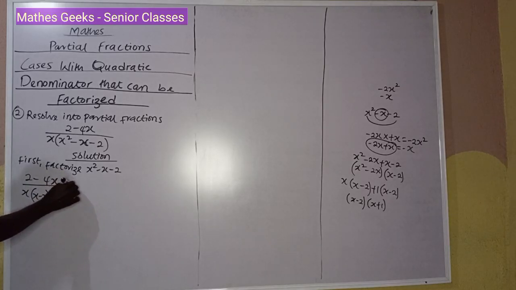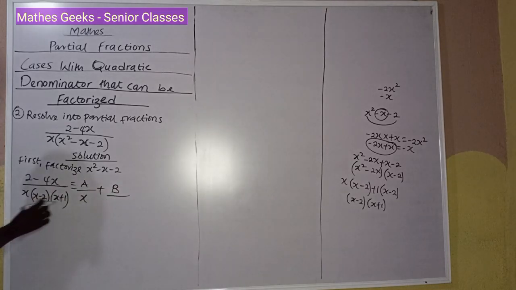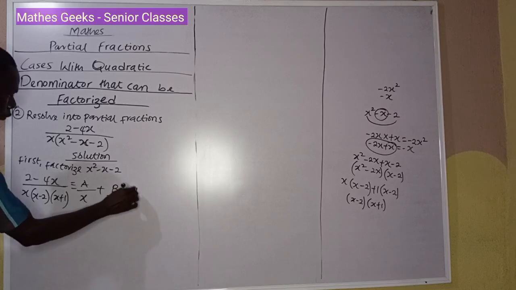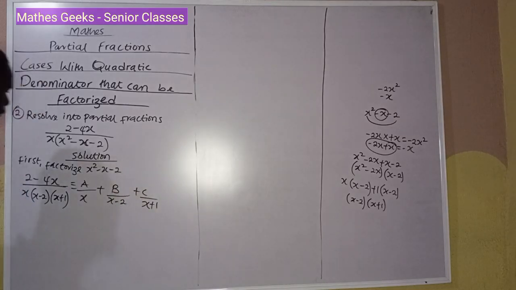Okay, so we set the identity: A over x plus 1, plus B over x minus 2, plus C over x plus 1.